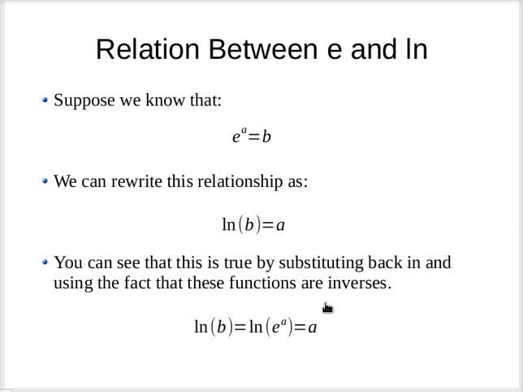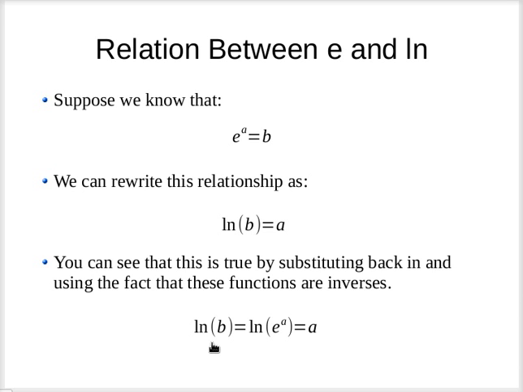Another way we can picture this relationship, suppose that we know that e to the power a is equal to b. Then we can rewrite that formula as the natural log of b is equal to a. And let's just do some quick work to see why that's true. You can see it's true by substituting back in and using the fact that these two functions are inverses of each other.